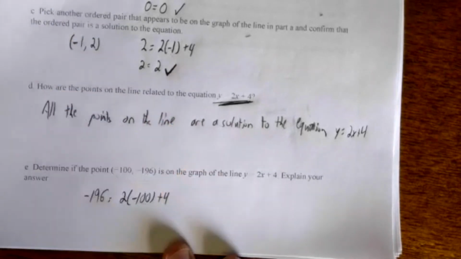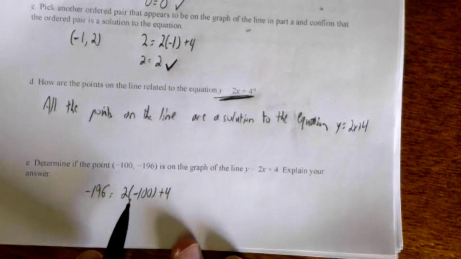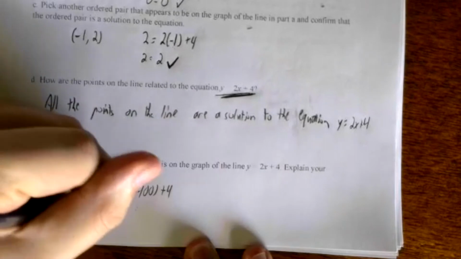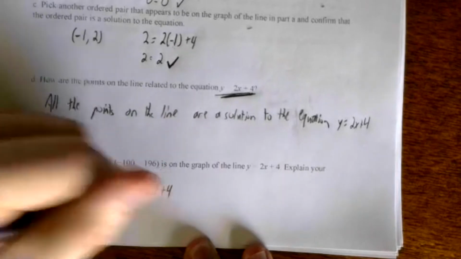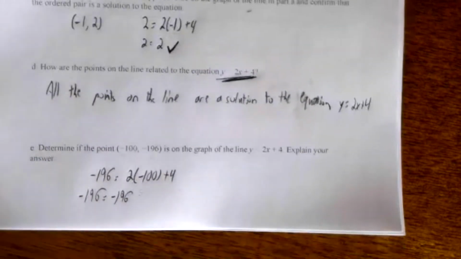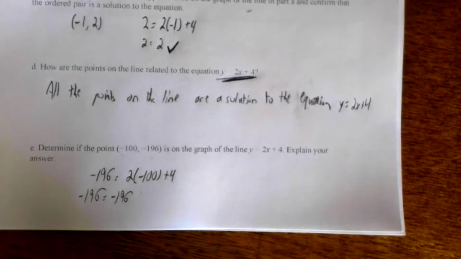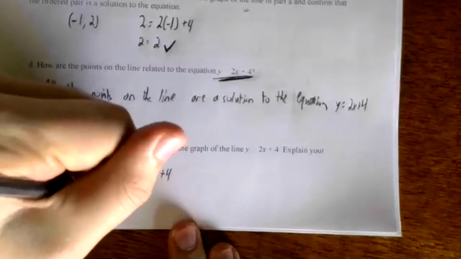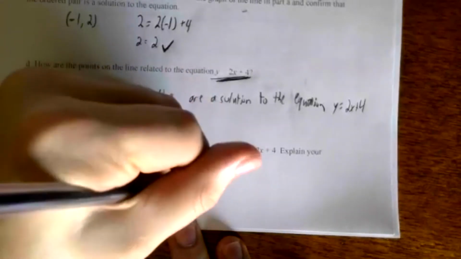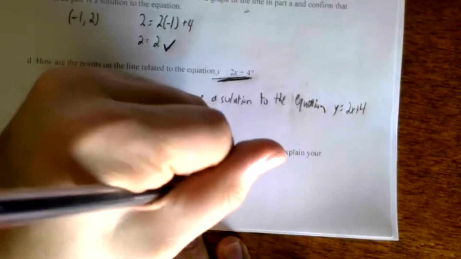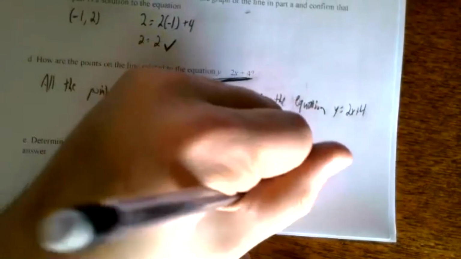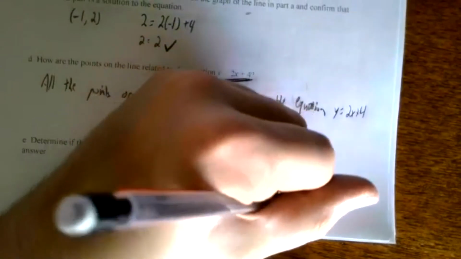So 2 times negative 100 is negative 200. Negative 200 plus 4 is negative 196, right? So we get negative 196 equals negative 196. And what does that mean? So it's a true statement, right? And that means that this point is on the line.